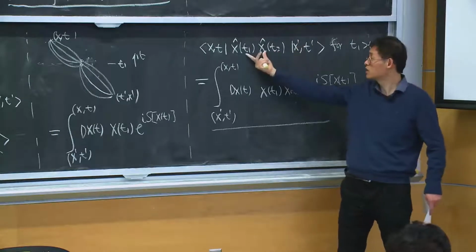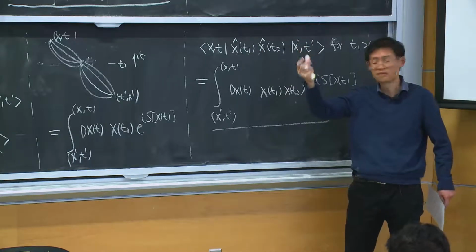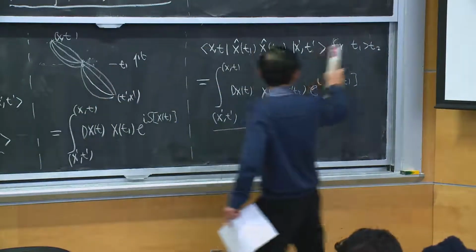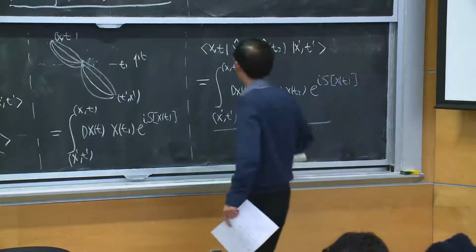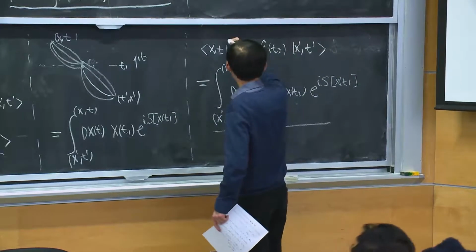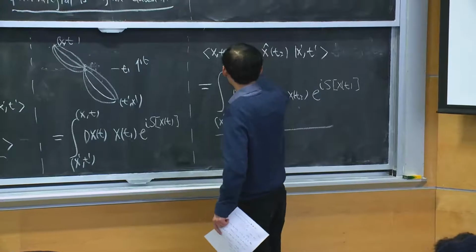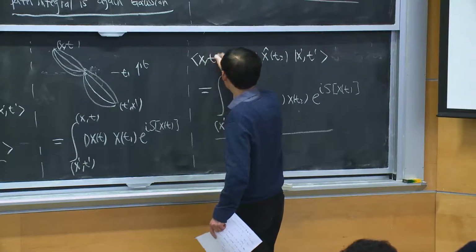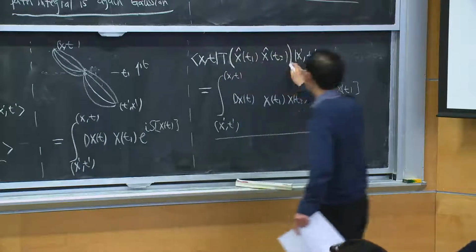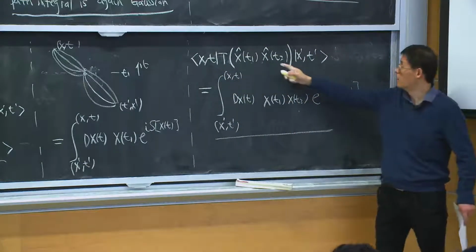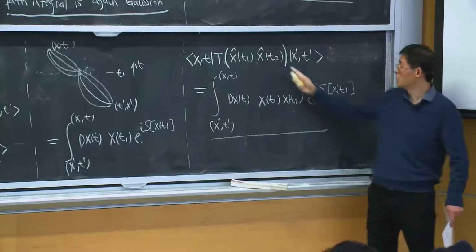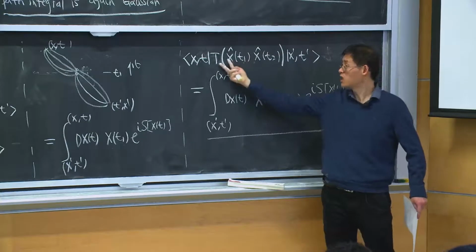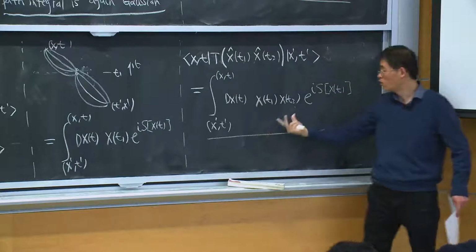So the order here always has to be time ordered. That means the correct formula, which applies for all T1, T2, is that you time order them. No matter what the values of T1 and T2, if you time order them so that the x with the larger time always sits in front, then it's always equal to this one.